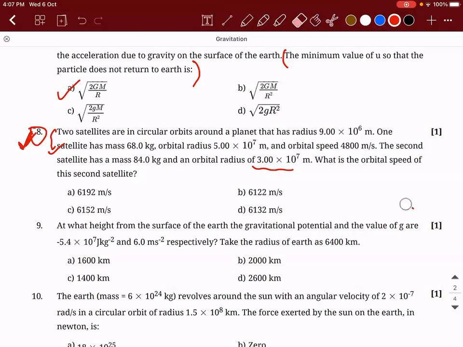I think I've told the outline of how we need to calculate. From the first case, we will calculate mv square divided by R. Did you guys read the question? Wait, let me copy this.